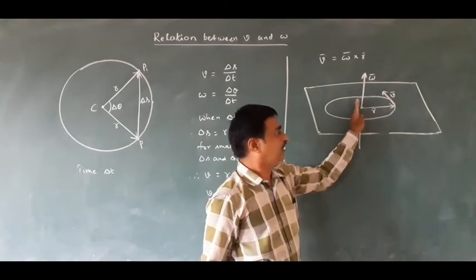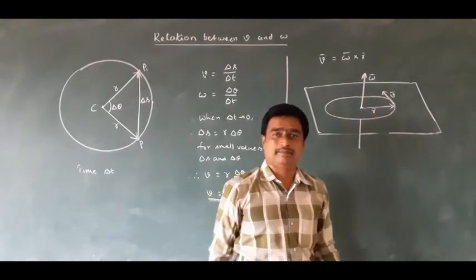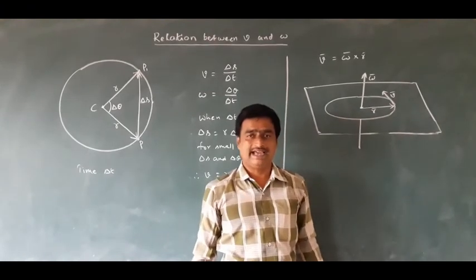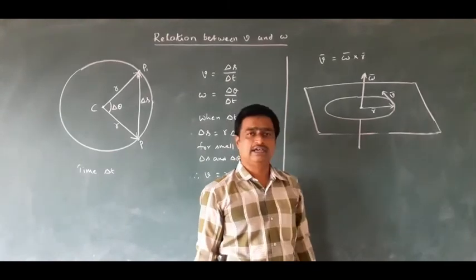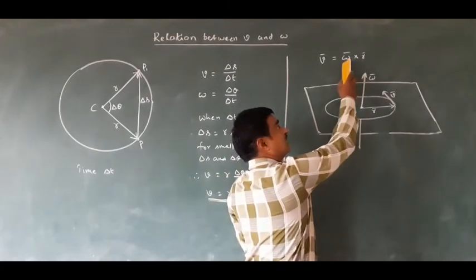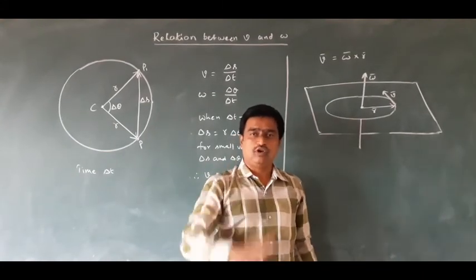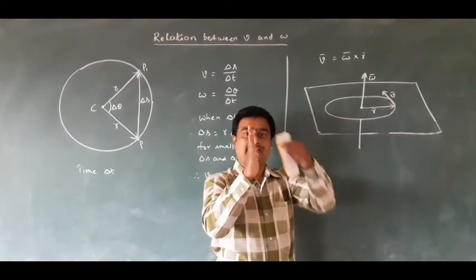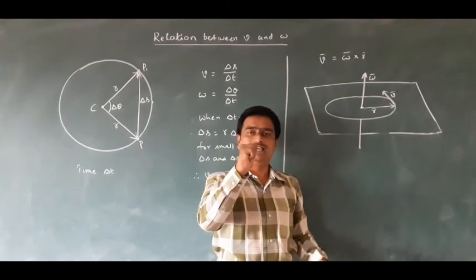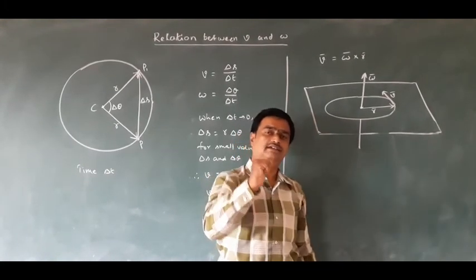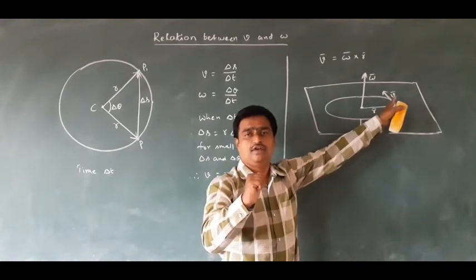Now we fix these directions by making use of the right hand screw rule, or right hand rule. We are writing omega bar cross r bar. We have to fold our fingers from the omega direction to the r direction. Then the thumb gives the direction of velocity.